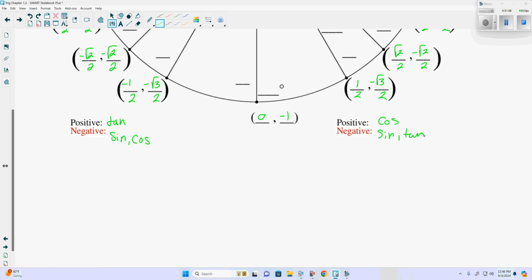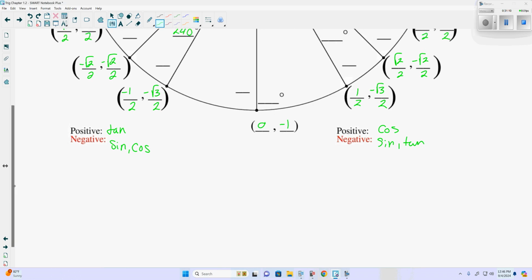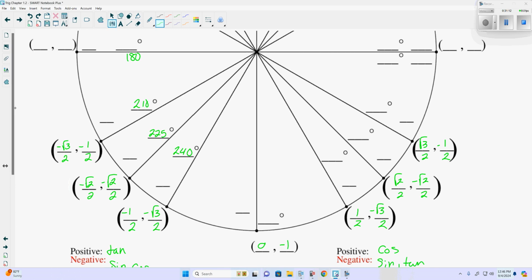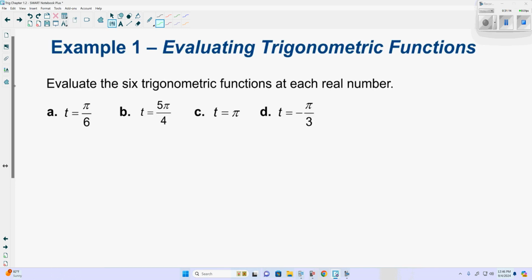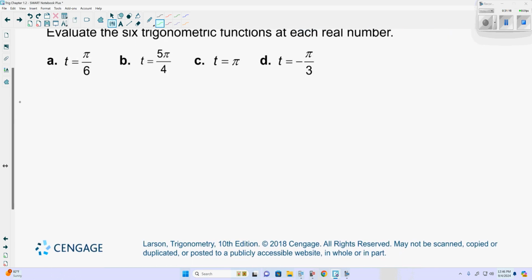Questions on this here? And this is the unit circle, and we can use this to evaluate for these here. Yes, sir.